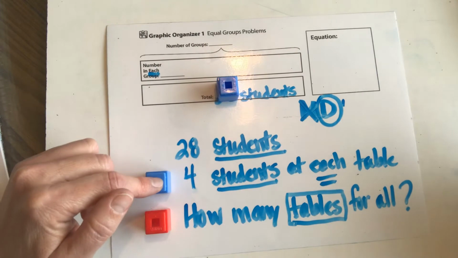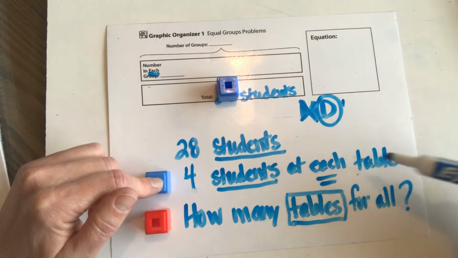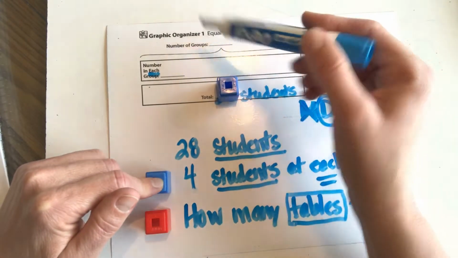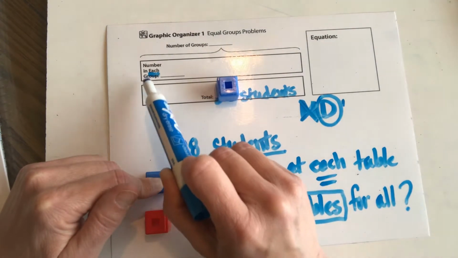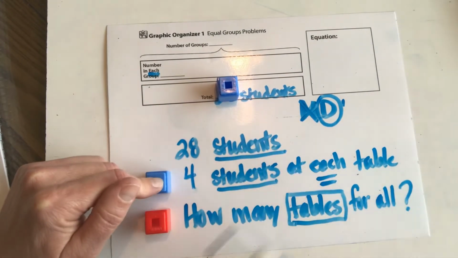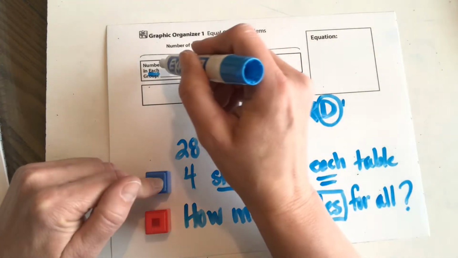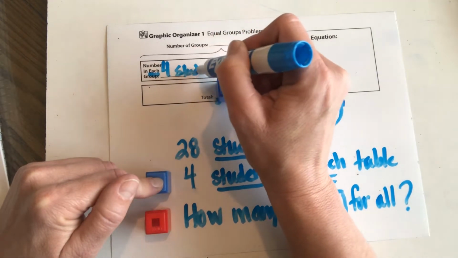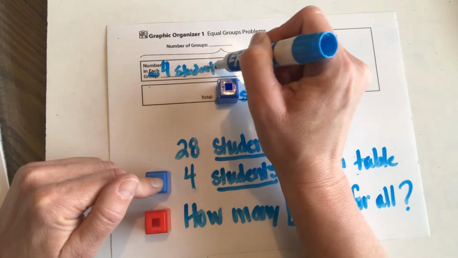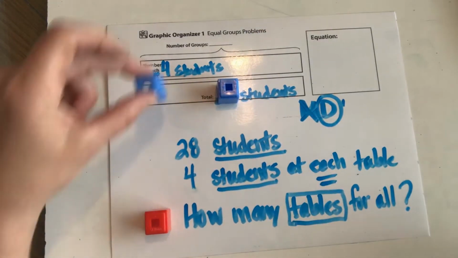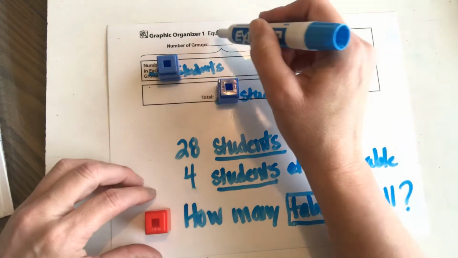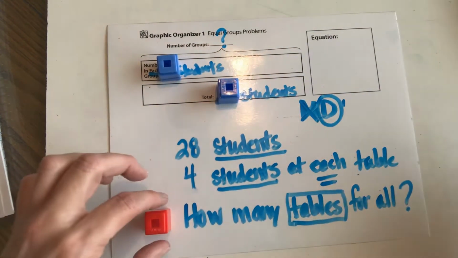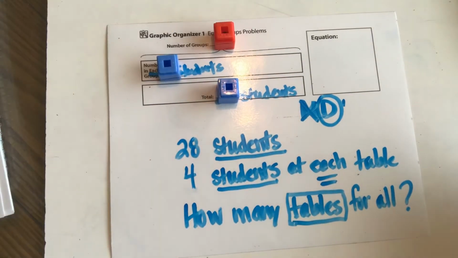Now, if I have 4 students at each table, is that the number of groups or the number in each? Notice the each. In each group. You are correct if you notice that each and that 4 students is the number in each. So I am looking for how many groups there are, right?